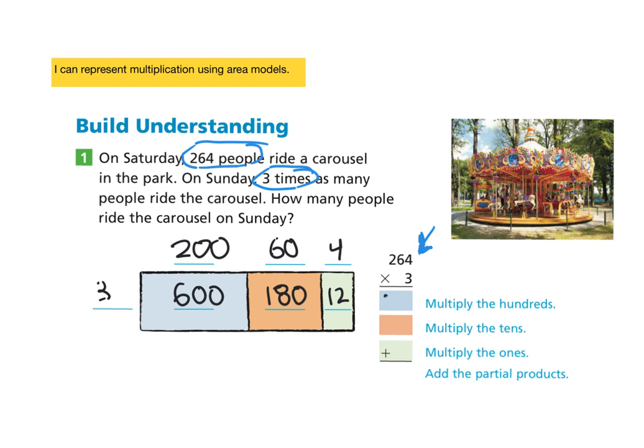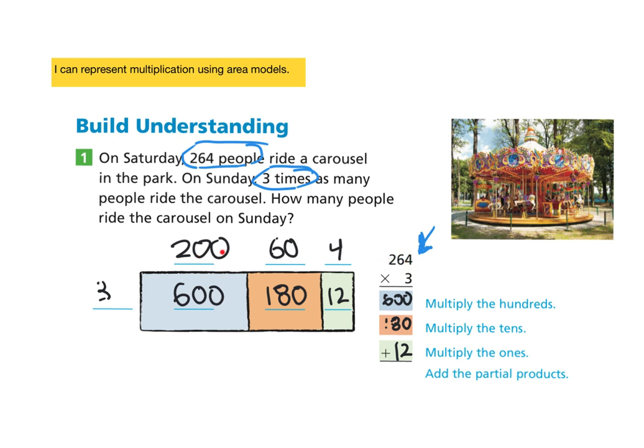It has a little template for us over here where we have 600 plus 180. I don't know why my pen's not working. That's okay. Plus 12. So we're going to add, these are called partial products. So the product is the answer to a multiplication problem. And we're basically breaking up this number 264 into pieces.